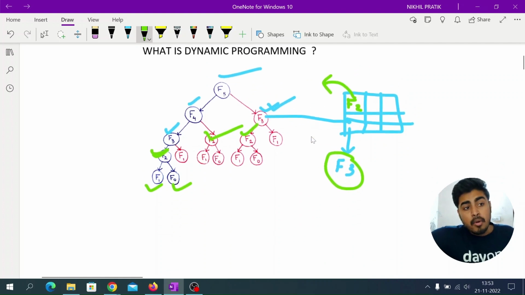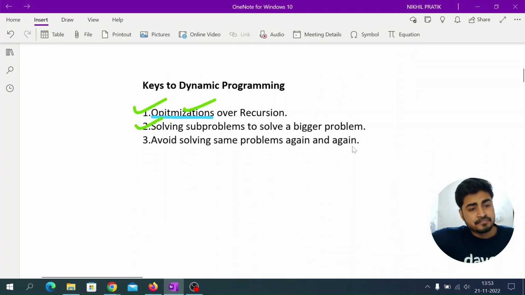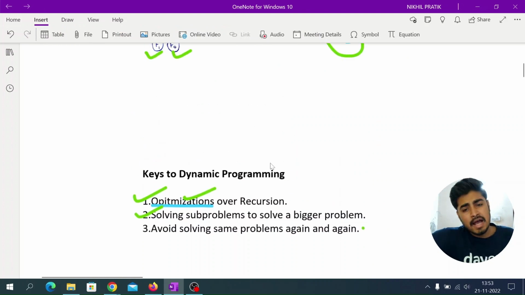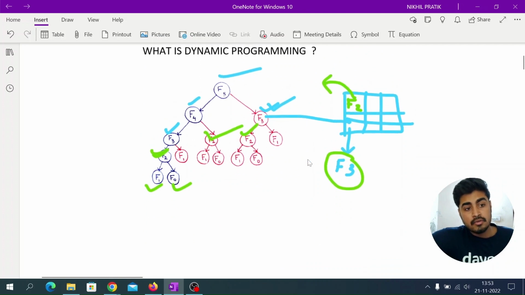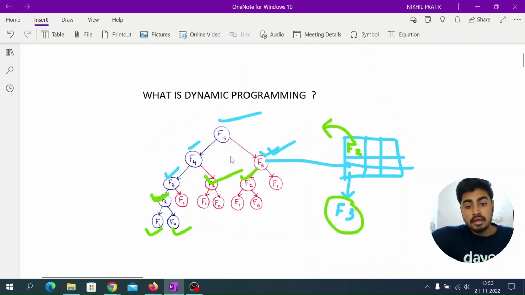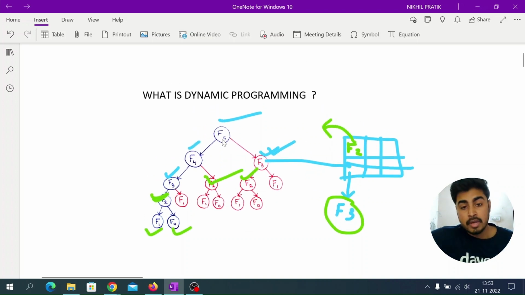Another point I'm going to add here is that we should have overlapping sub problems. That is the main thing. We need to identify whether we need an optimization at all, because when we recursively solve, we need an insight into whether this recursive tree will generate the same sub problem again and again.